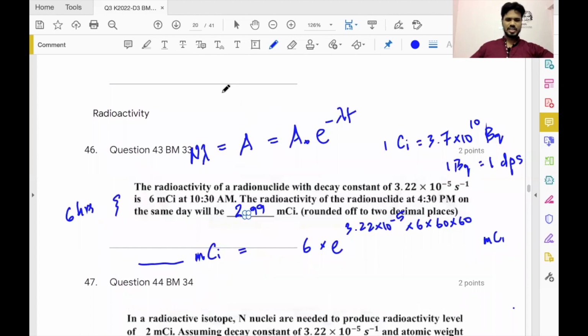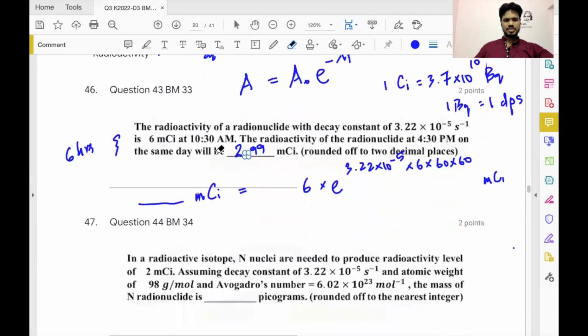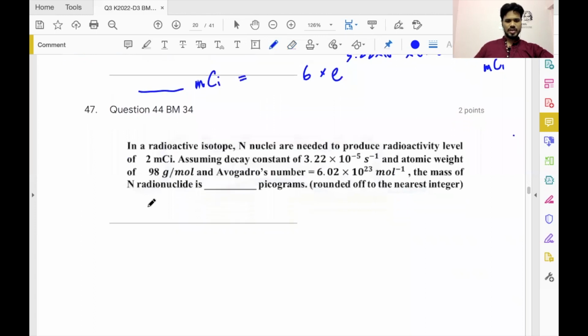We take the number of nuclei, d by dt with a negative sign because it always decays. With that, you get the activity. So A0 should be n times lambda, and that is what is given in this question. So our number of nuclei should be equal to activity divided by lambda.